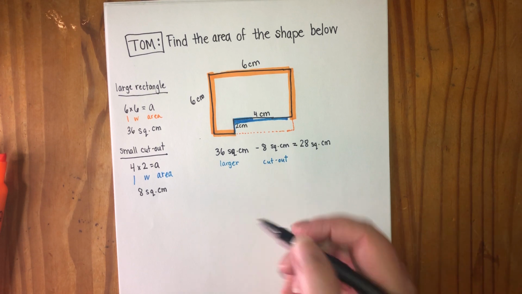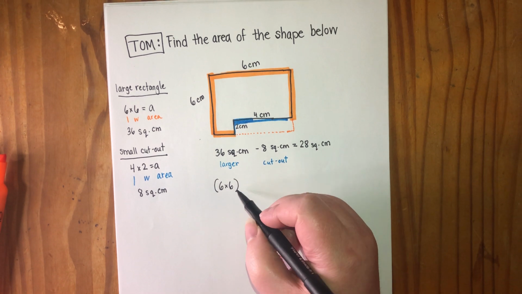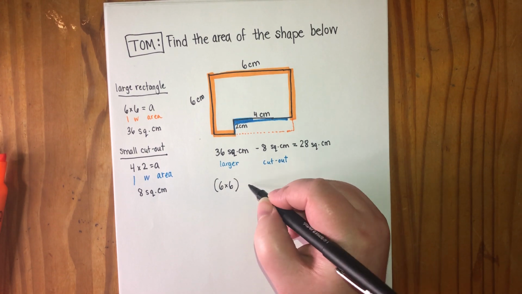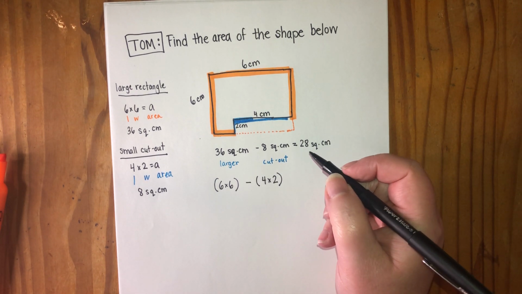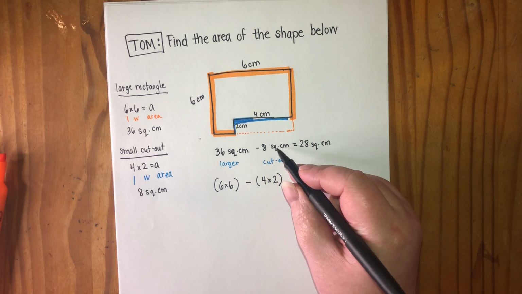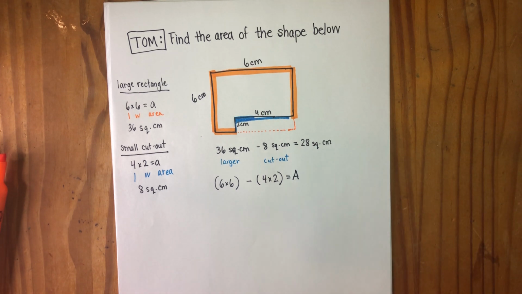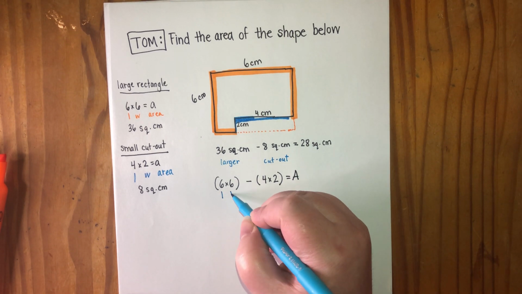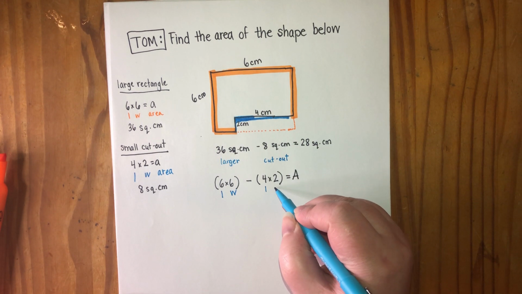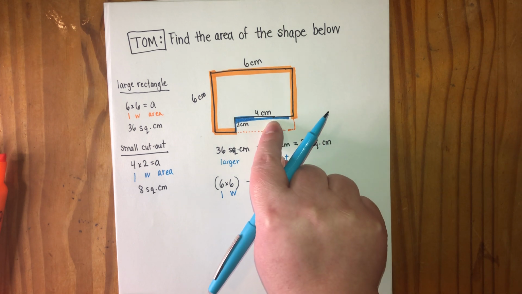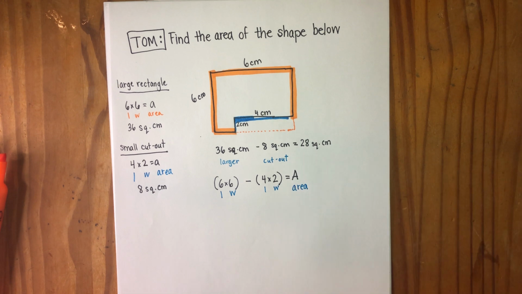We can write 6 times 6, which represents the area of the larger rectangle, and subtract 4 times 2, which represents the area of the smaller cut out rectangle, equals A for area, where 6 is the length and width of the larger rectangle, and 4 is the length and 2 is the width of the smaller rectangle that we're cutting out. And A stands for area.